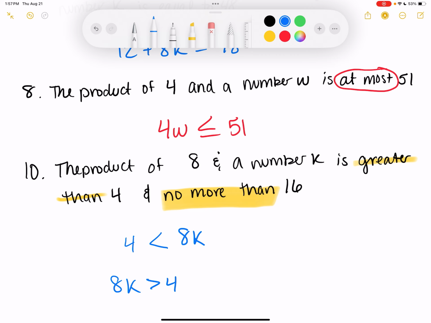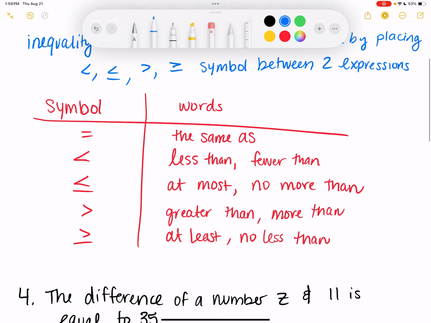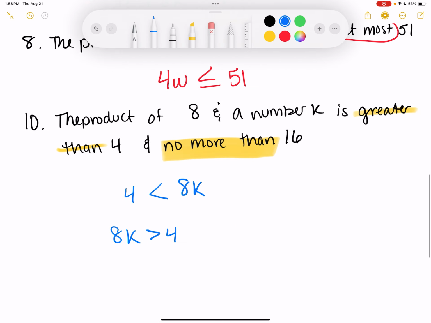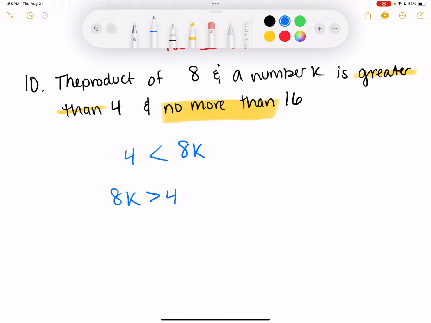Now, what does no more than mean? Less than or equal to. No more than is going to be less than or equal to, yep. So then this is going to be less than or equal to 16.